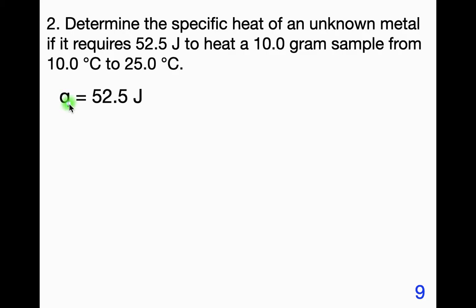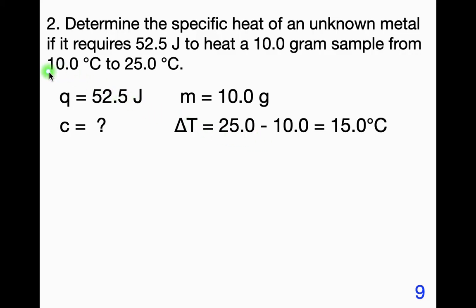So Q is 52.5 joules. The specific heat is what we're trying to determine. So that's what we don't know. But we do know the mass, 10 grams, and we do know the change in temperature. Went from 10 degrees to 25 degrees, so 25 is our final, 10 is our initial. So final minus initial gives us 15 degrees Celsius.